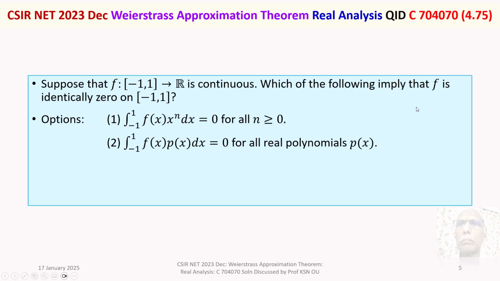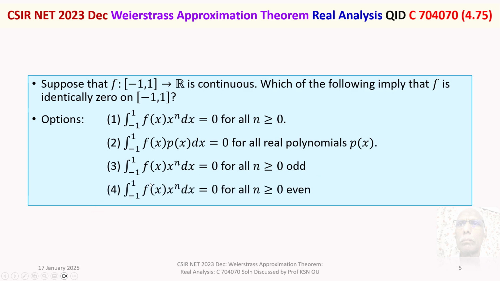Like that, option 3 and option 4. Option 3, integral -1 to +1 f of x into x to the power of n dx is equal to 0 for all n greater than or equal to 0 odd. Option 4, integral -1 to +1 f of x to the power of n dx is equal to 0 for all n greater than or equal to 0 even.